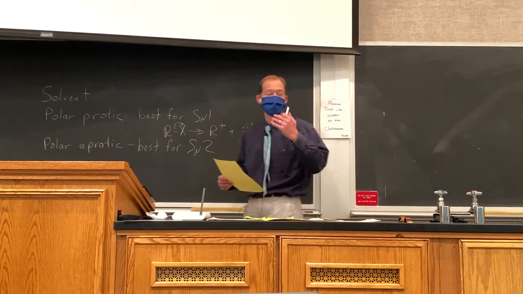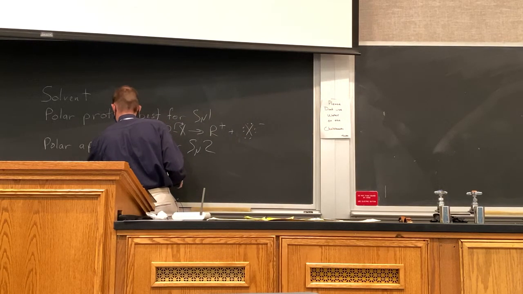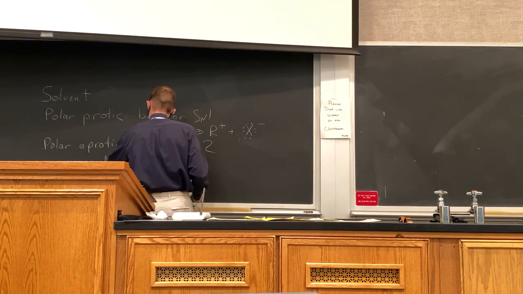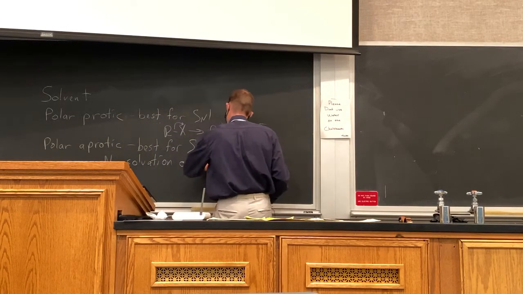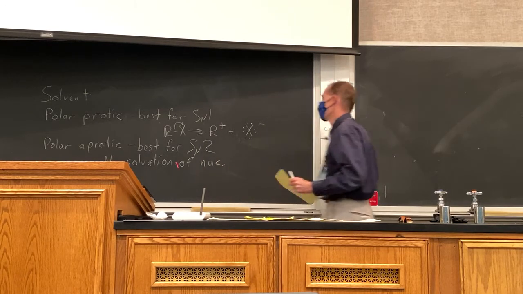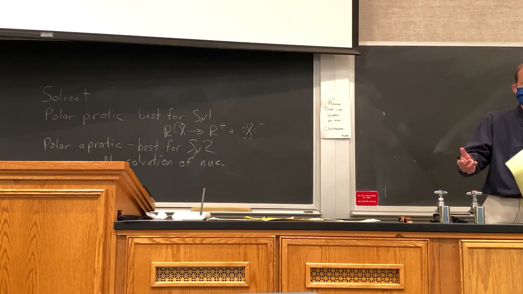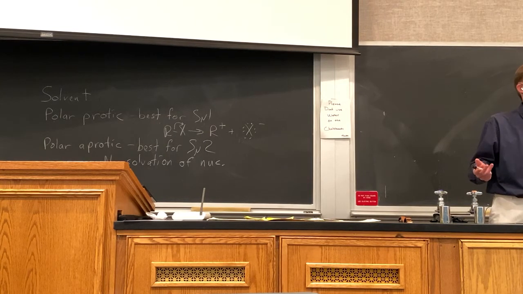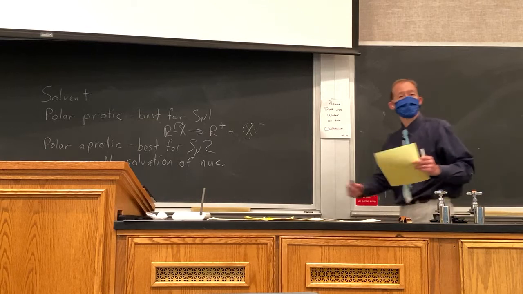We don't want solvation of our nucleophile because that slows down the reaction. So no solvation of the nucleophile in the polar aprotic solvent means that SN2 reactions would be faster in polar aprotic solvents than in polar protic solvents. Any questions?